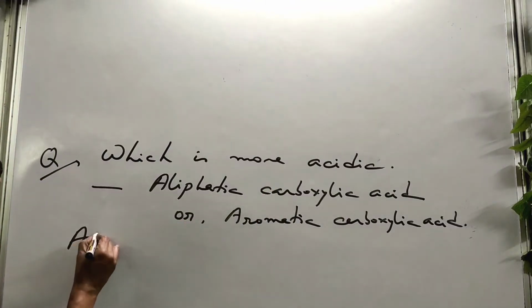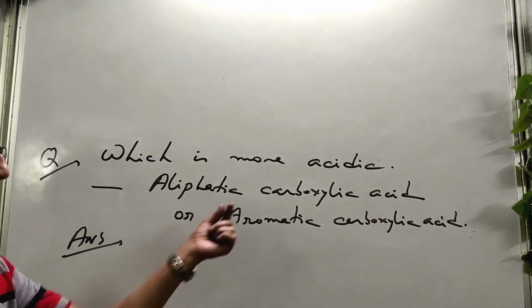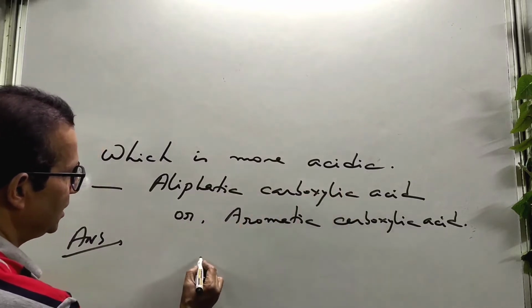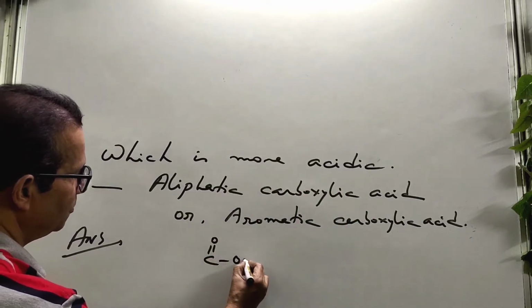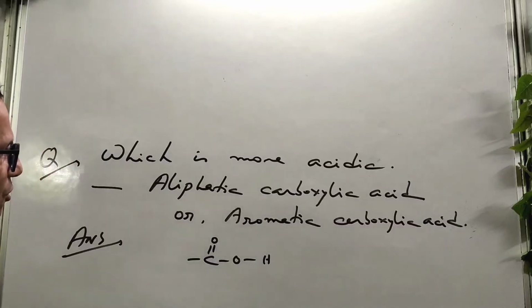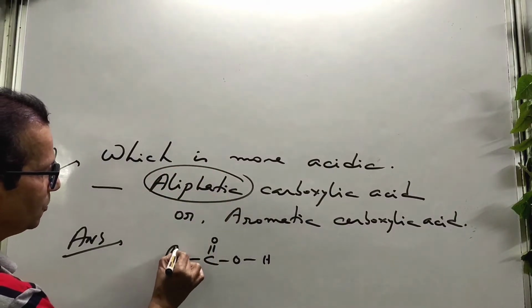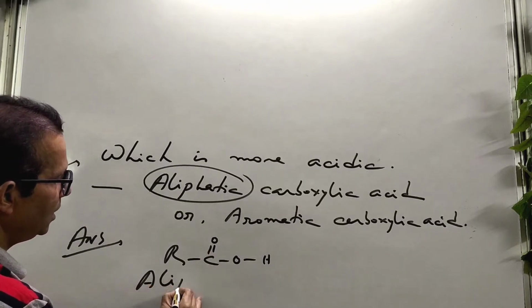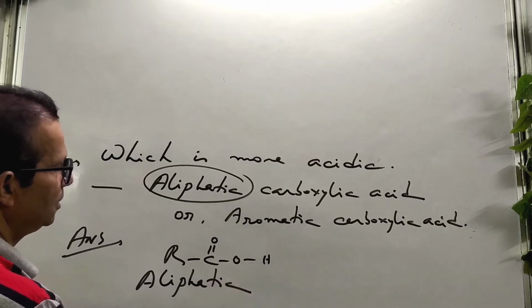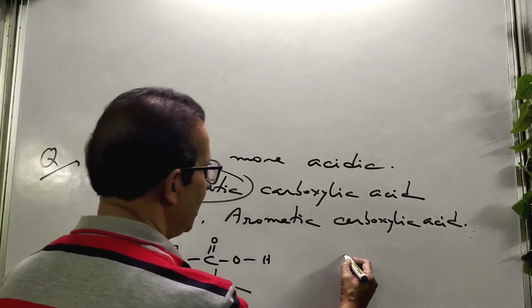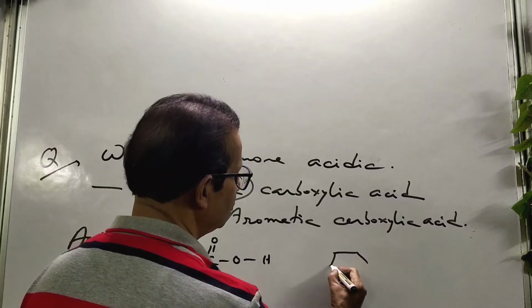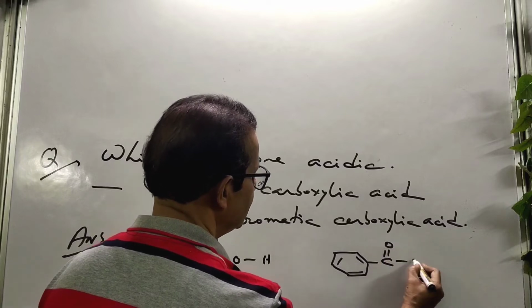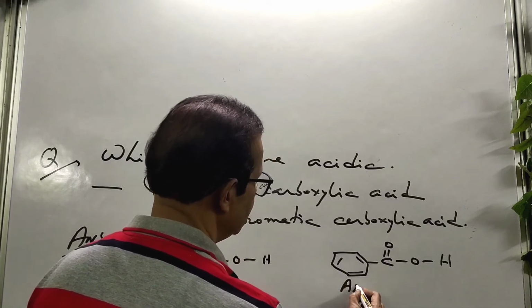Listen, in your answer sheet, at first draw the structure. Aliphatic carboxylic acid: if the carboxylic acid group is attached with alkyl group, that is the aliphatic. Write down below it: aliphatic carboxylic acid. And if the carbon is attached to benzene ring, that is aromatic carboxylic acid.